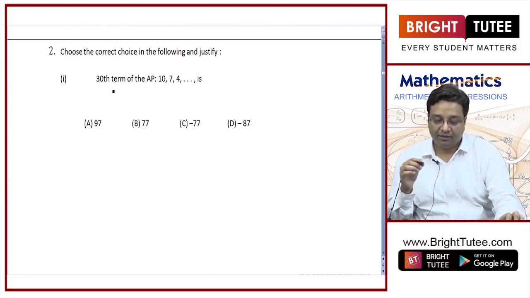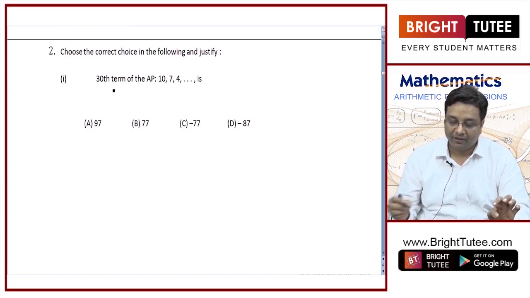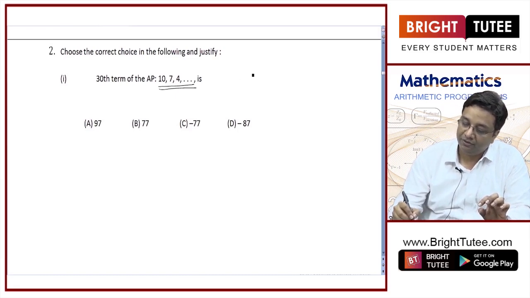Choose the correct choice in the following and justify. 30th term of an AP. This is an AP 10, 7, 4 and so on. You have to find the 30th term. We denote the 30th term by A30.